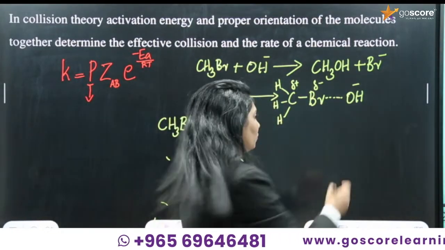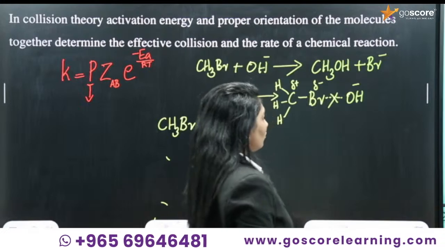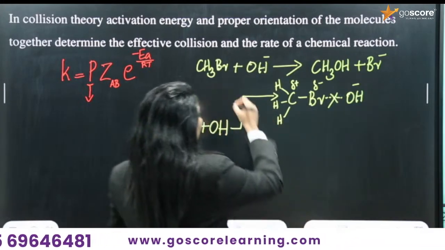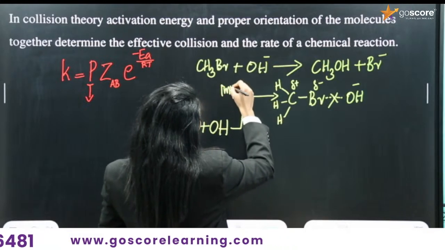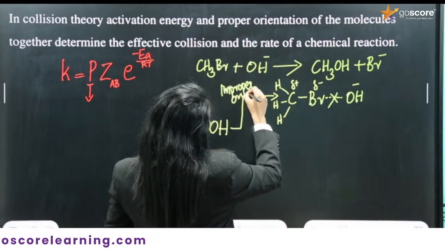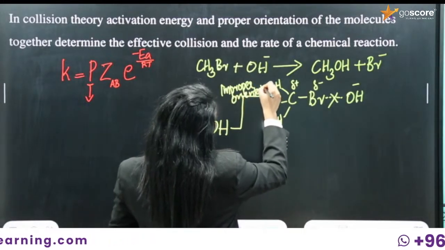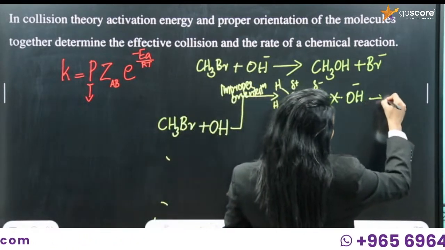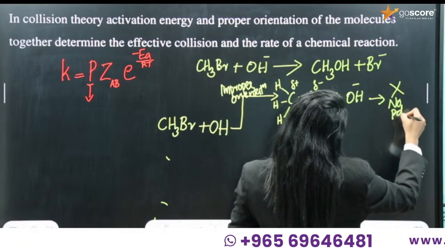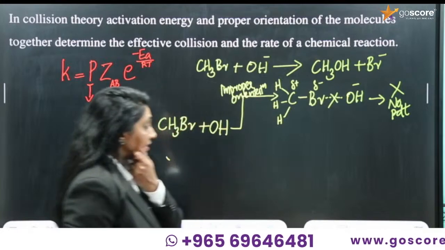No, there won't be any bond formation because these two are negatively charged. This is what we call the improper orientation. In improper orientation, there will be no product. Now let's see.